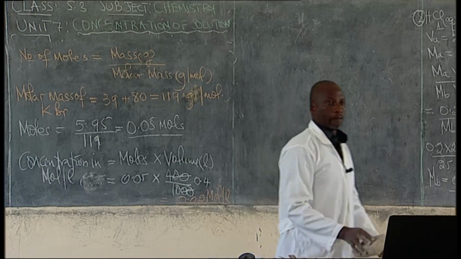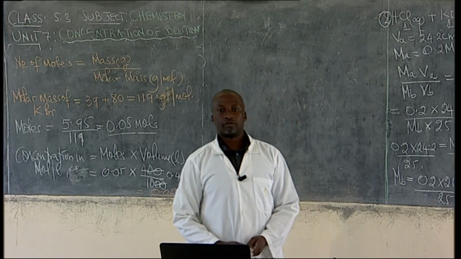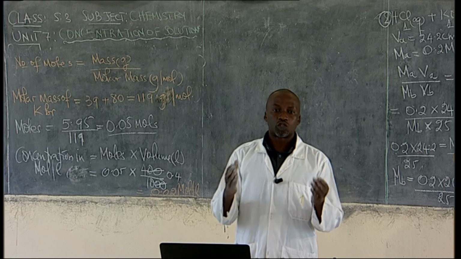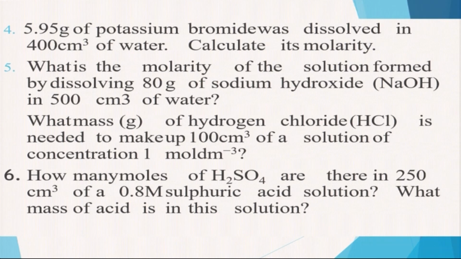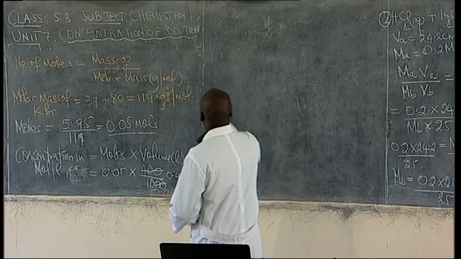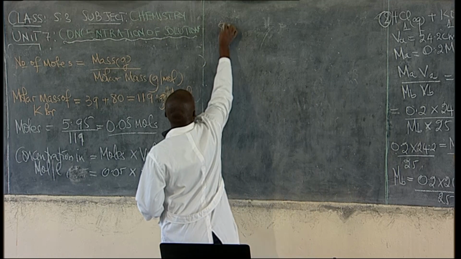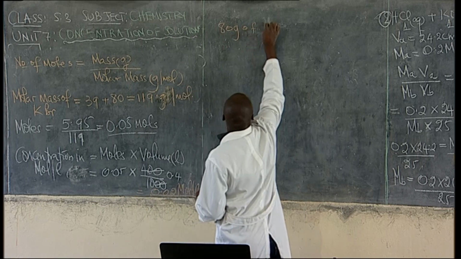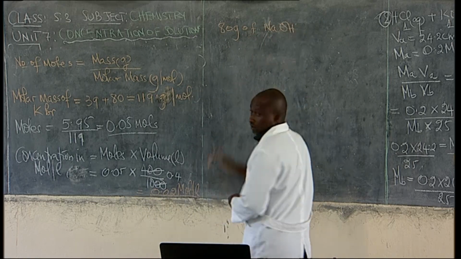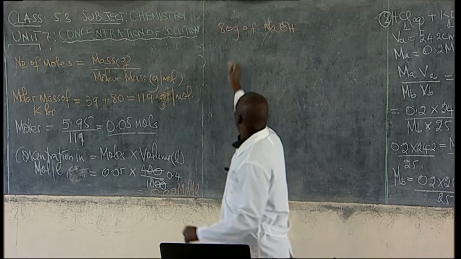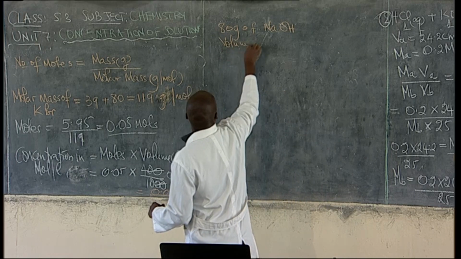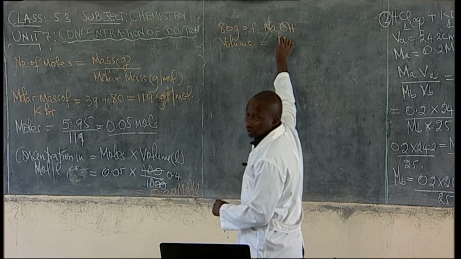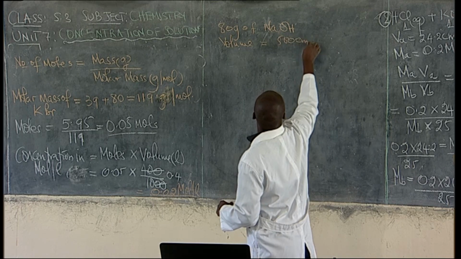So, question number 5. What is the molarity of the solution formed by dissolving 80 grams of sodium hydroxide? You see how it is related to this. You have the volume of sodium hydroxide, which is 500 cubic centimeters.